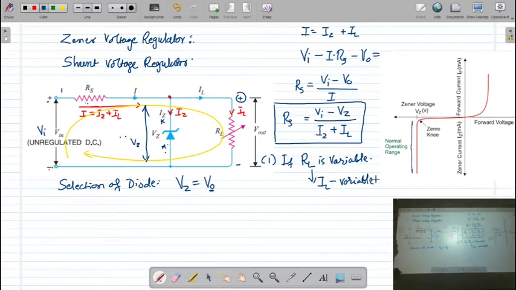Try to understand this. Let us take one example: my input current is 100 milliampere. Some of the current is in the Zener diode, let us say 50 milliampere, and the remaining 50 milliampere is passing through the load resistance RL.